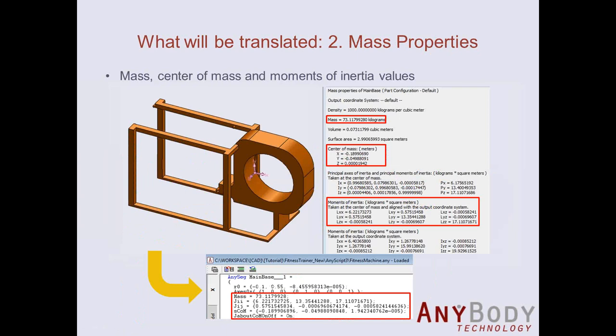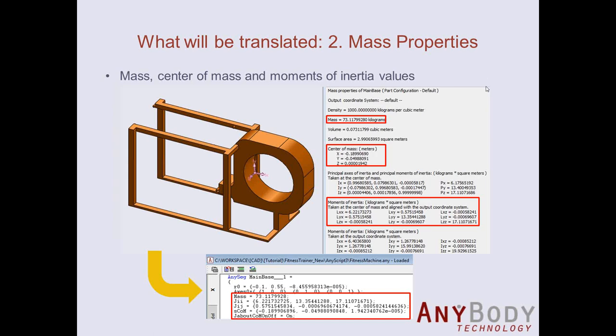The second thing is the mass properties, which may be the most important information for dynamics analysis of mechanical systems. This dialog is a kind of SolidWorks' own function which calculates the mass properties of each component.